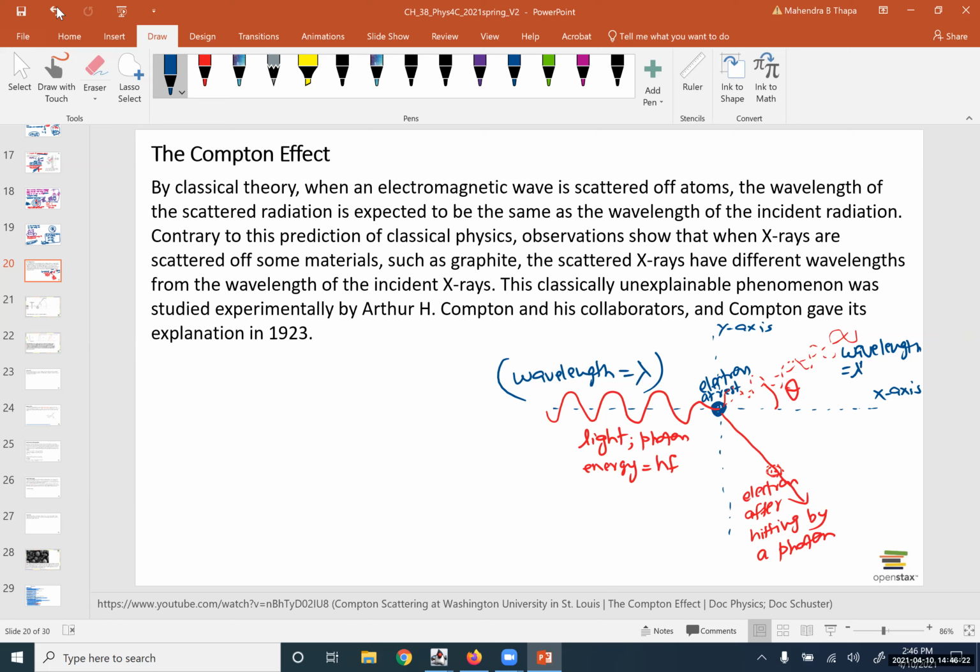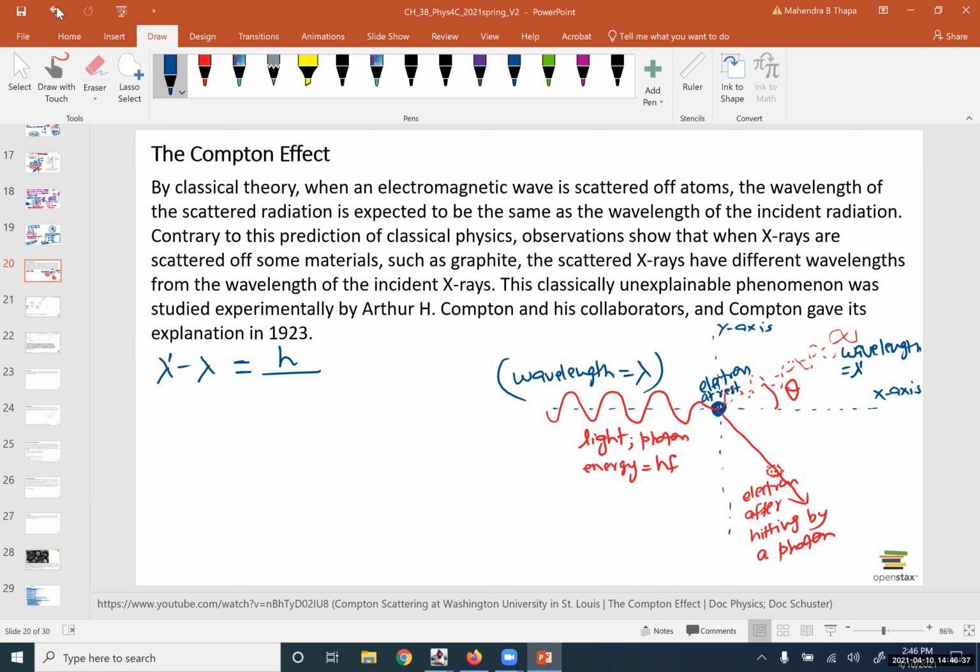So we can do some math, and after doing some math we figure out that the change in wavelength, lambda prime minus lambda, equals h over m_e times c, times 1 minus cosine theta.